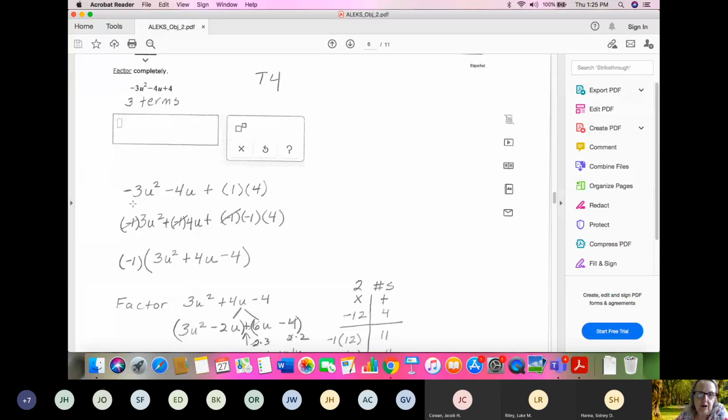Okay, so every negative sign in math really represents a -1. So let's replace this negative sign with -1. Copy down 3u squared plus, this negative sign is -1, so I wrote it as -1 times 4u plus, now I want a -1 here.